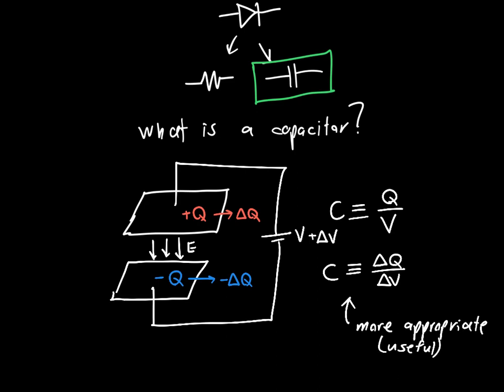And this is the one that we will be using in basically all of circuit theory from this point on in trying to approximate nonlinear behavior. We want to apply a small voltage delta V and find out how things change in response to that, and then create a linear model from that.